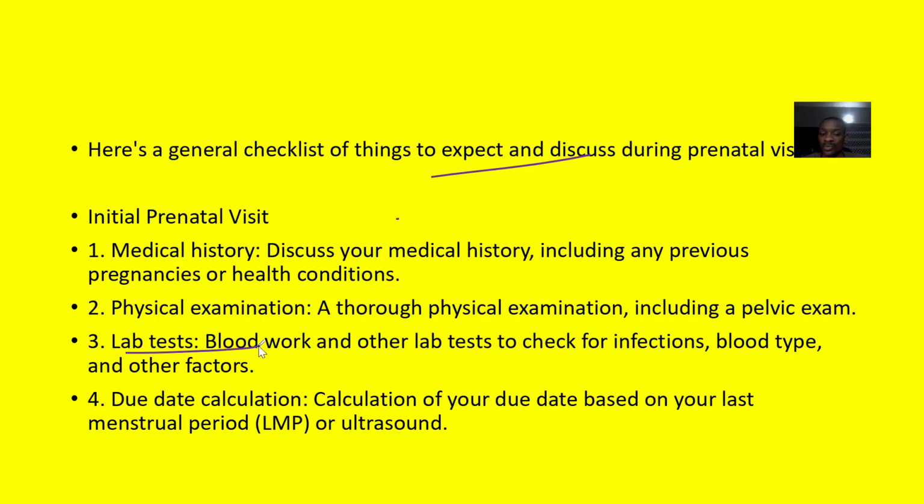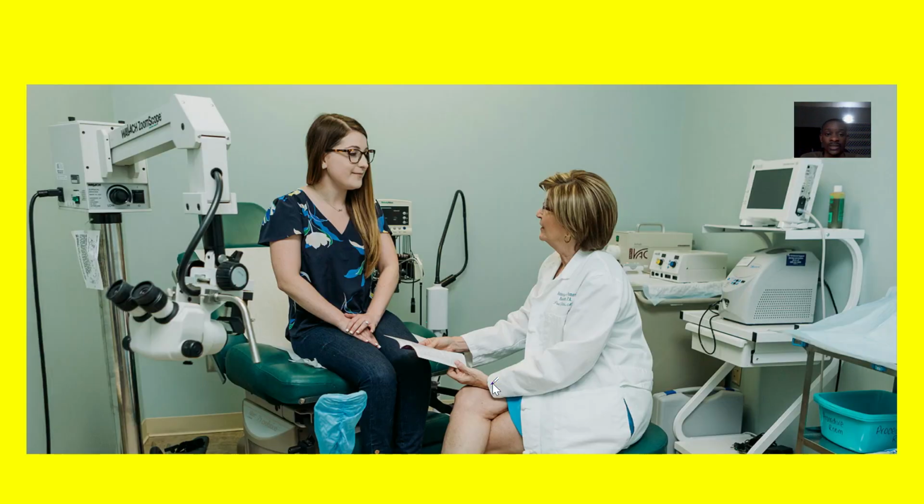Laboratory tests, so all those blood workups, you are trying to detect infections, you are trying to check the blood type, and all of that should always be done. Then due date calculation, so you want to discuss the possible dates on which a woman is likely to give birth. All of that should always be calculated.